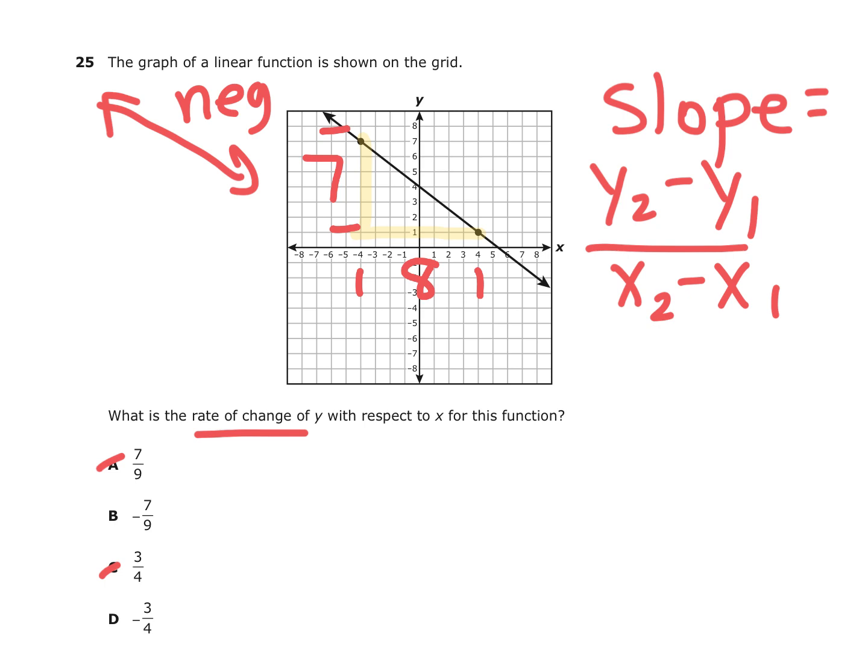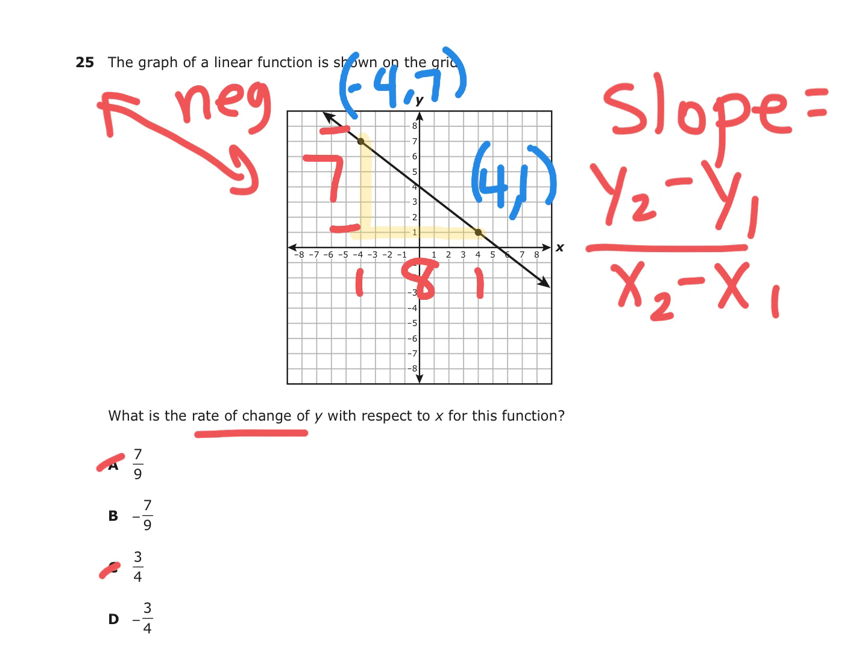Let me see, 1, 2, 3, 4. And then this one goes 1, 2, 3, 4. Another way of doing this is we can take this point here as being 4, 1. And this point over here being, looks like negative 4, 7.